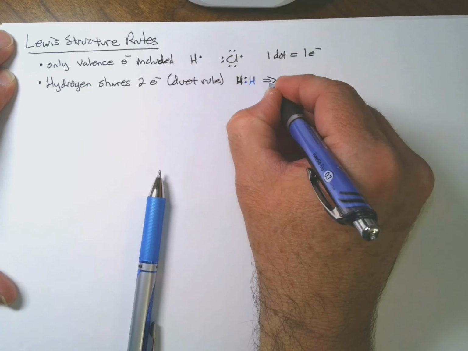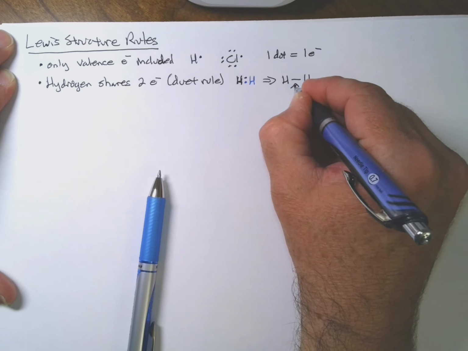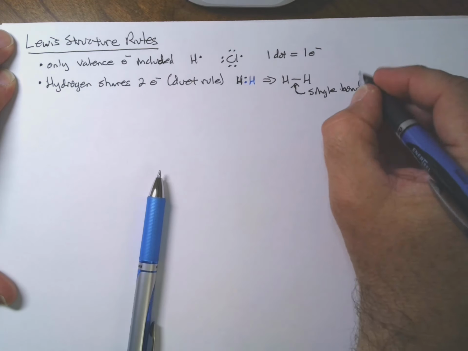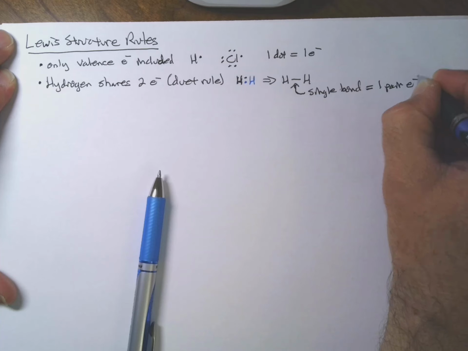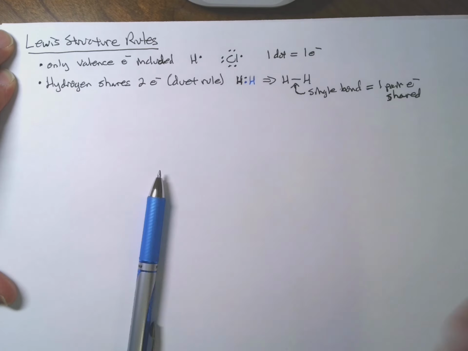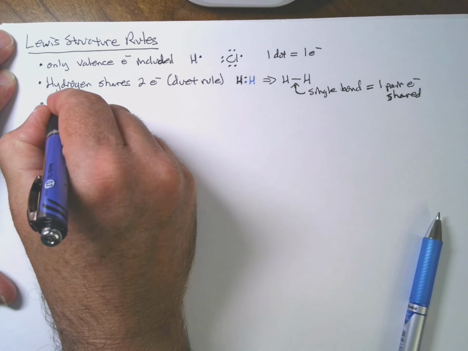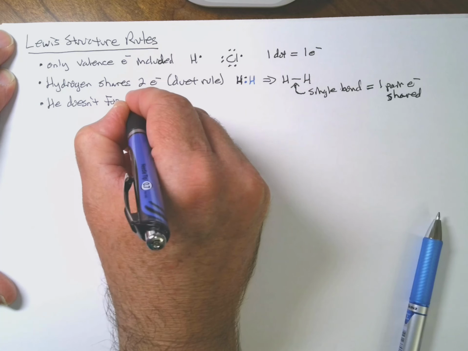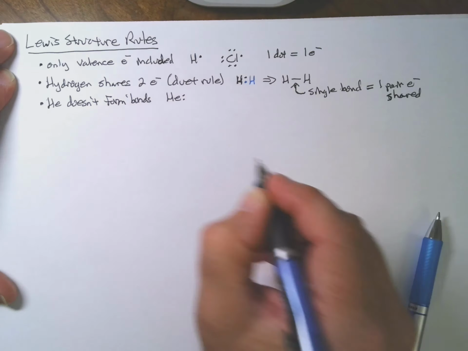That's the same as if we wrote H, H. And that line there is what we call a single bond, and it equals 1 pair of electrons that are shared. Now, helium does not form bonds, so it already follows the duet rule.